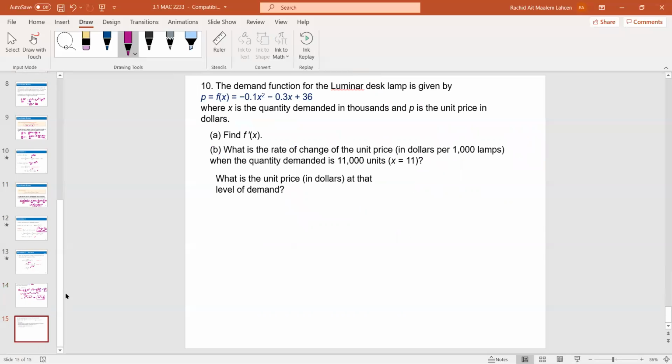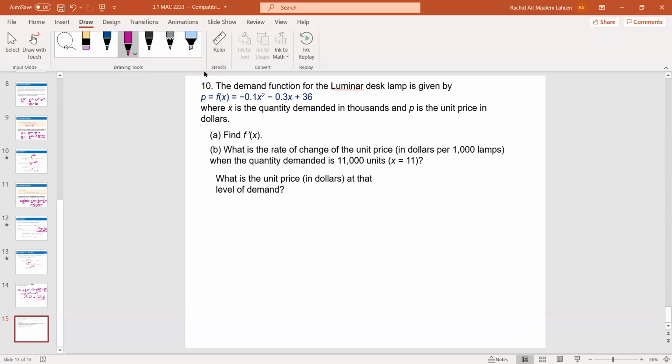All right, this other question here is the demand. We've done different word problems like this, and we looked for equilibrium and different ideas. Now we'll connect them with this derivative idea.